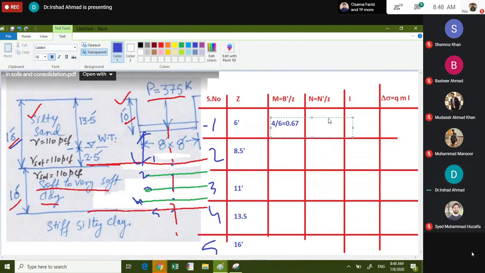Also n is the same because it's a square footing, 4 by 6, 0.67. So what is the value of I here?